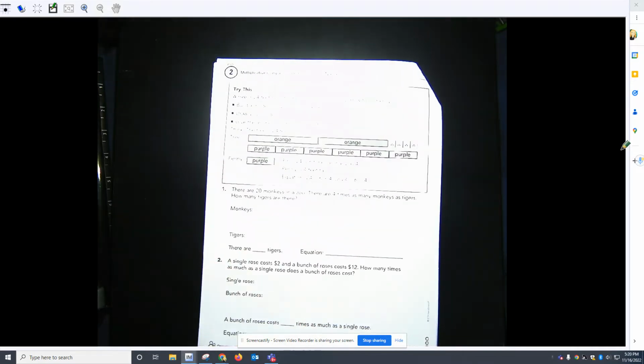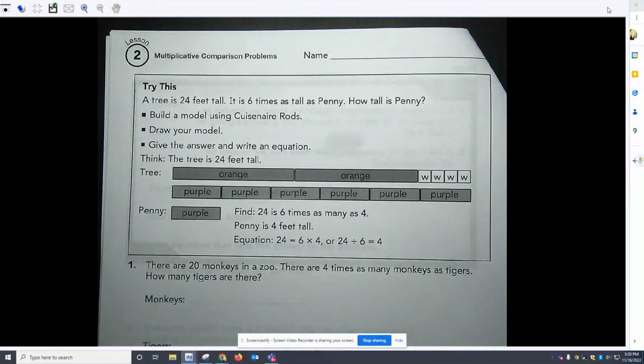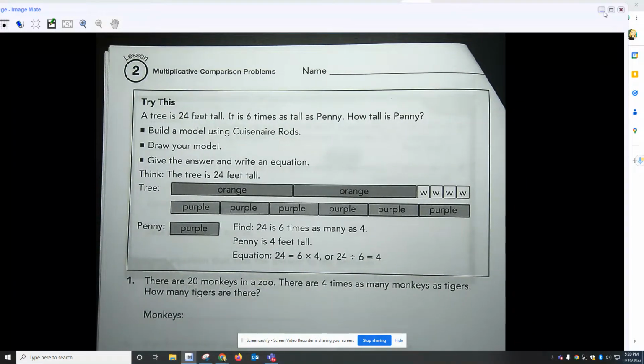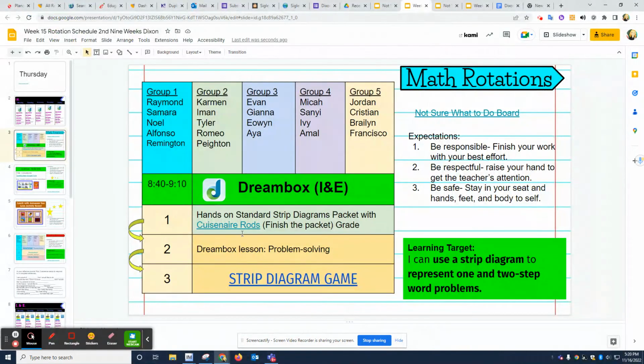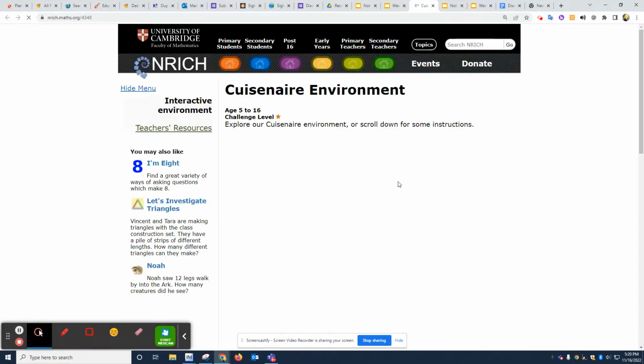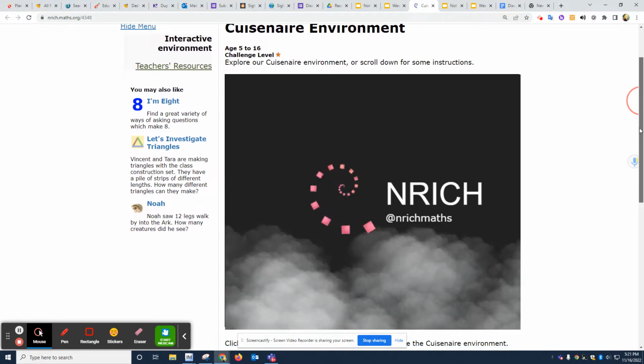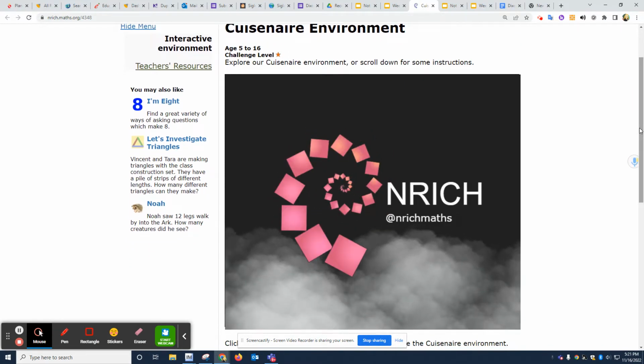And so if we look at this together, I want to remind you that you can open up the Cuisenaire rods, which is located right here on your slideshow, or it's located in Google Classroom on Stream. You just click it and it opens to the Cuisenaire environment.